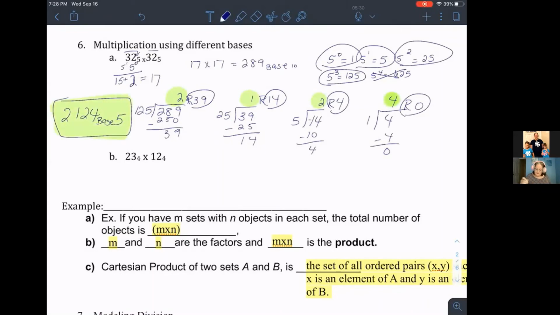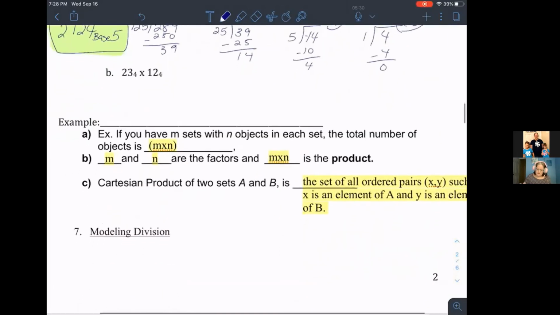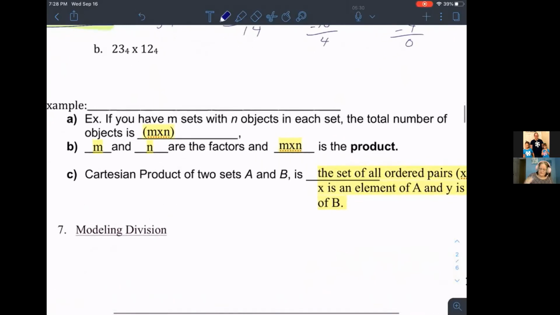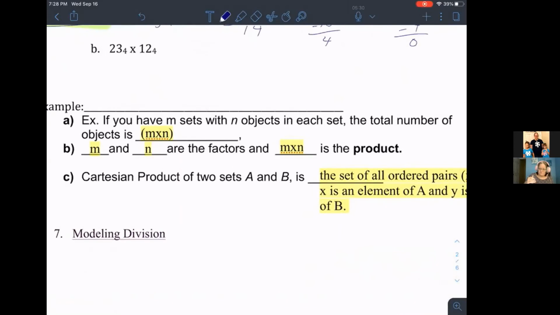Okay, so let's try the next one. We got 23. Now these are 2 different numbers, so it'll be a little bit different. So we're going to say we need to multiply by the value of the place value. So that would be the 4s because we're changing it to 10.